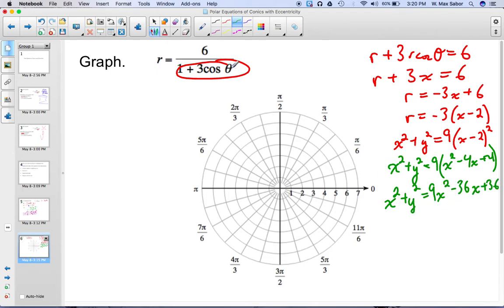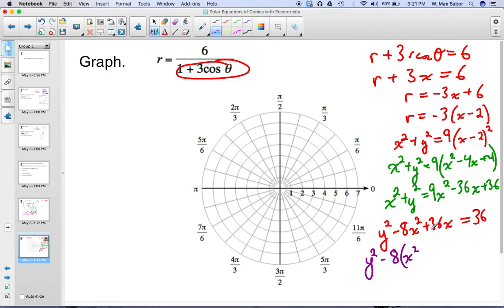Getting everything on the left side gives y squared minus 8x squared plus 36x equals 36.